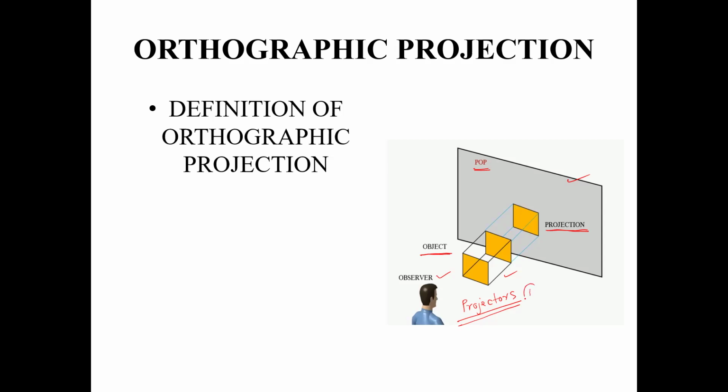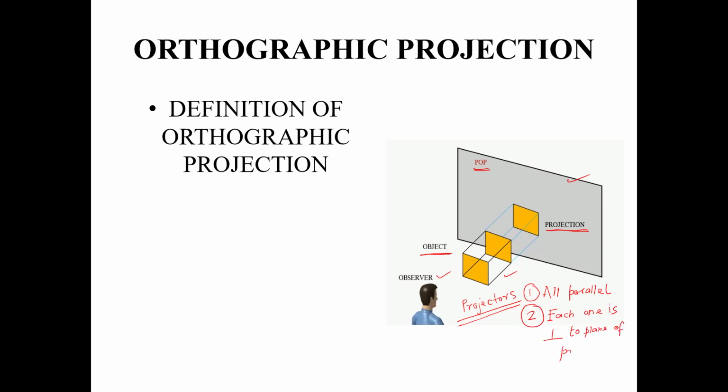The first important characteristic is the projectors are all parallel. All the projectors are parallel to one another. And the second important characteristic is each projector is perpendicular to the plane of projection.